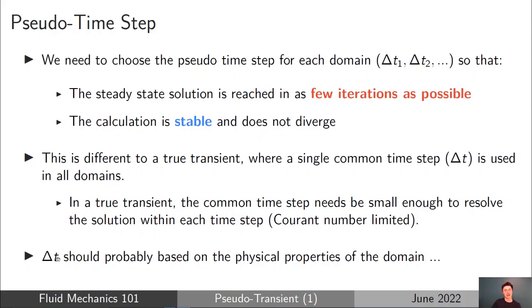So this is another massive advantage of the pseudo-transient approach: our method of achieving the steady state solution is based on something other than trial and error. We can get a good guess of what delta t should be, and in fact, the CFD code can often calculate this automatically for us. So you're taking less of the control from the user and putting more of it on the CFD code.